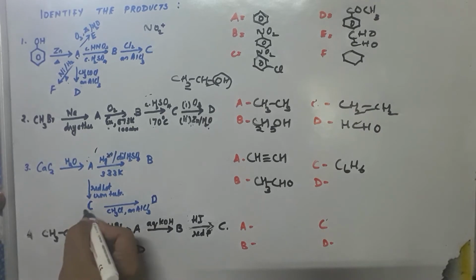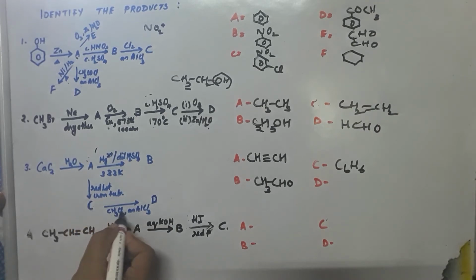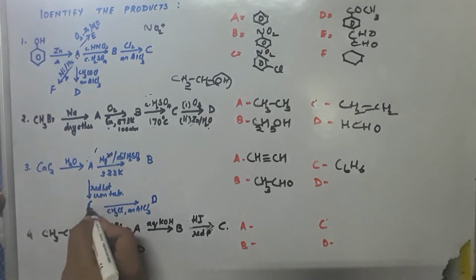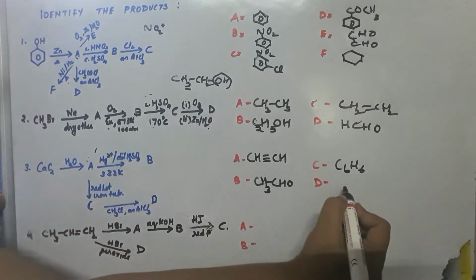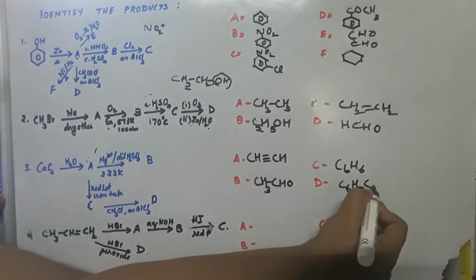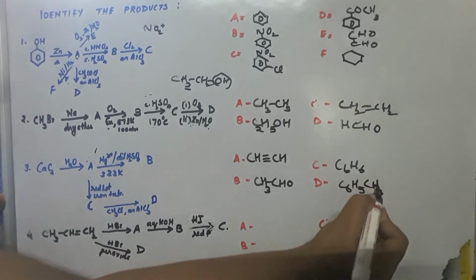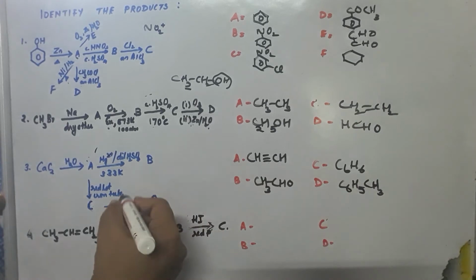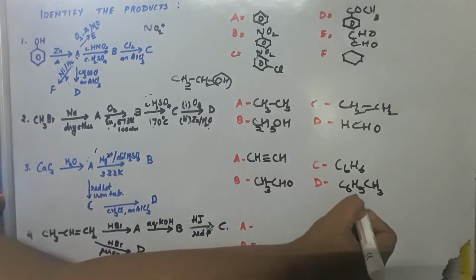Whenever you see benzene treated with an alkyl halide in the presence of anhydrous AlCl3, it is Friedel-Crafts alkylation. Whatever the alkyl group is, it is substituted on benzene. So you will get C6H5CH3, which is toluene. On benzene, CH3 comes, so that becomes toluene.